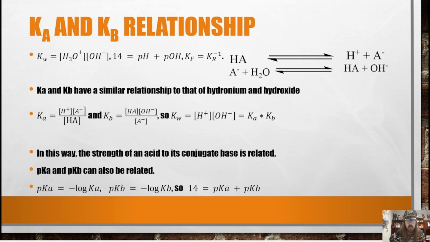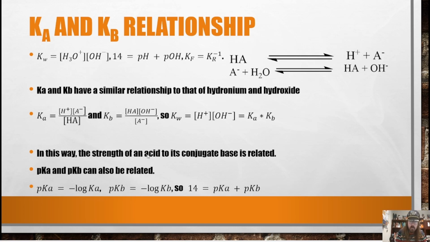If we were to multiply Ka and Kb together, the HAs and the A minuses would cancel out, and you would be left with just H plus and OH minus. So we can directly relate the Ka to the Kb through Kw, similar to the H plus and the OH minus.